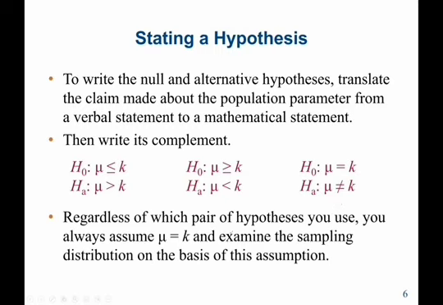Now, regardless of which pair of hypotheses you use, you are always assuming that mu equals K, and also examine the sampling distribution on the basis of this assumption.